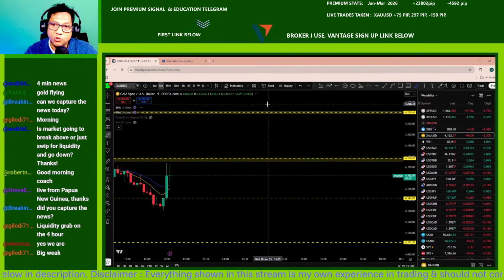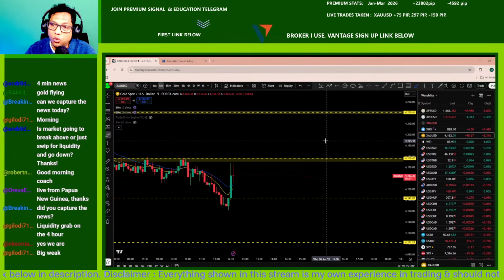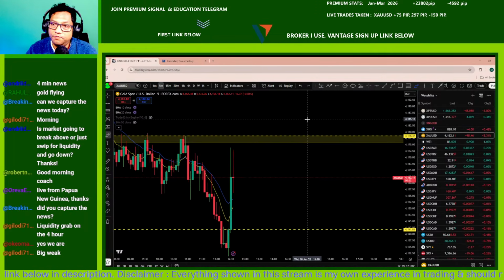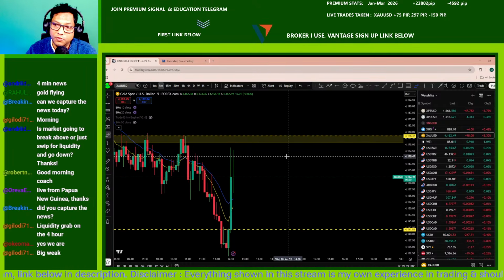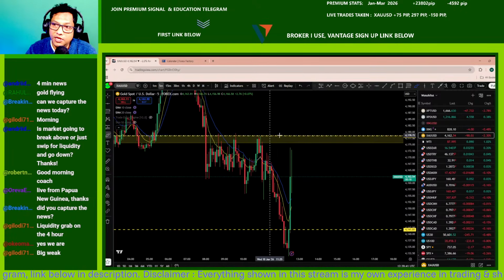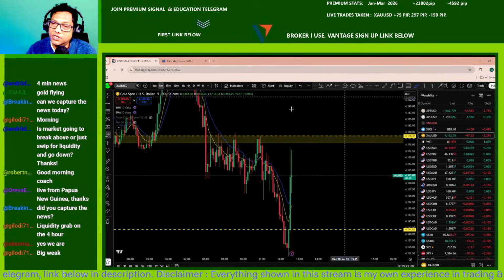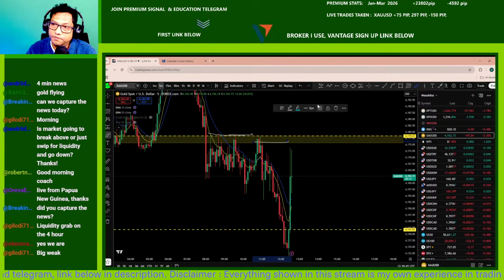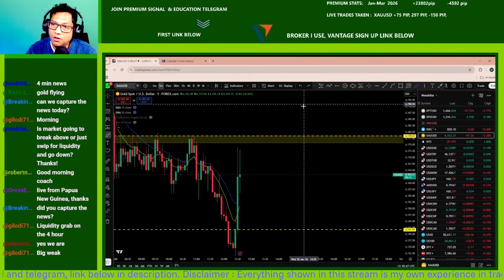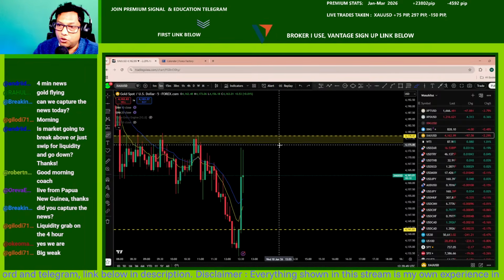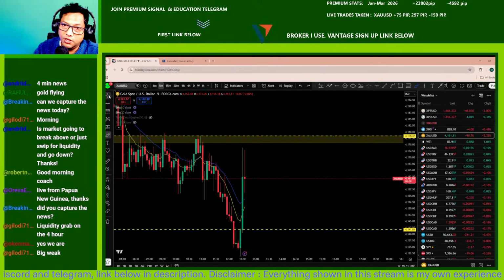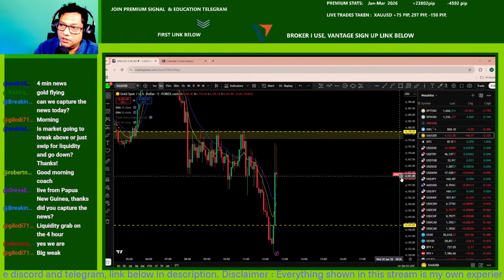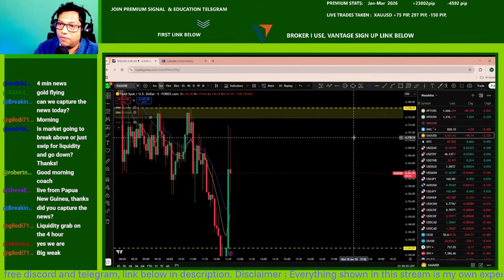Now the question is, at what level can we look for that entry, which is forming a doji. I'm really keen to see this resistance broken here, which is very important to look at. If this resistance is broken, that's where you will be able to look at an entry.